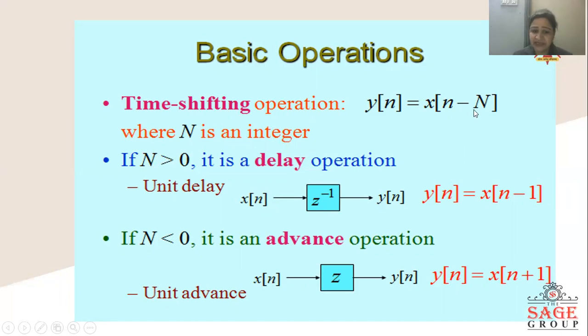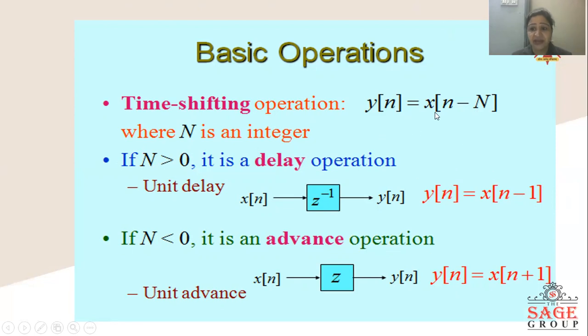Now, when capital N is less than 0, that means it has a negative value, in that case, it will be an advance operation. For example, we take capital N as -1. So y n will be x n plus 1. If I take n equal to 0, y 0 will be equal to x of 1.